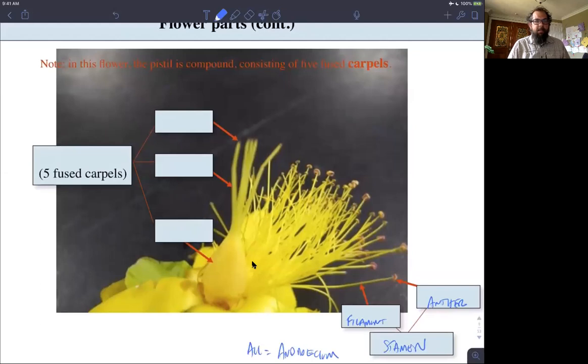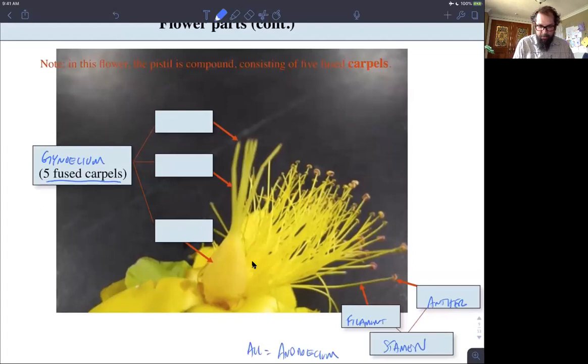Okay, the other part we can see here is the female reproductive whorl. The female reproductive whorl, remember, consists of the carpels. And in this case, we have 5 fused carpels. Together, I'm going to call all of these the gynoecium. It would be the general term for all of my carpels together.